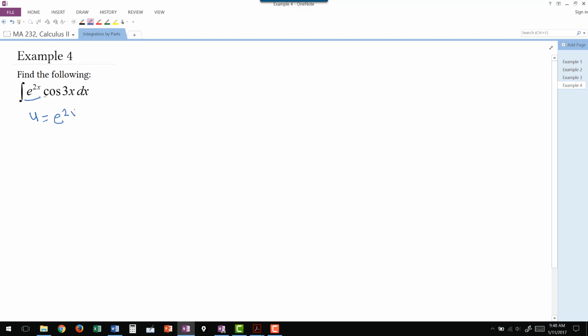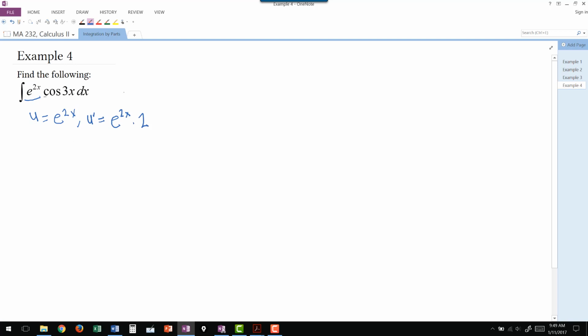And now when I go to find u prime, I do have to be a little bit careful to remember the chain rule here. So the derivative of e to the 2x is e to the 2x, and then the derivative of 2x gives me the factor of 2.